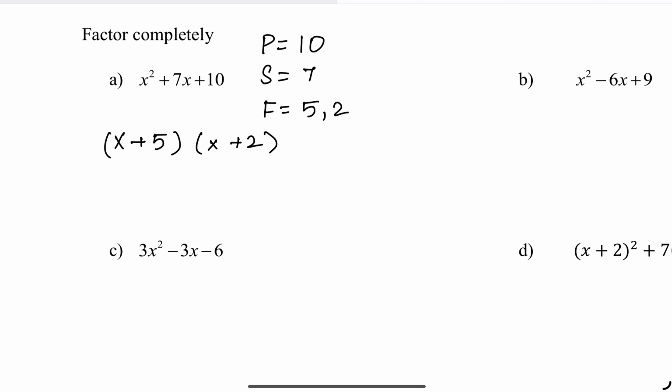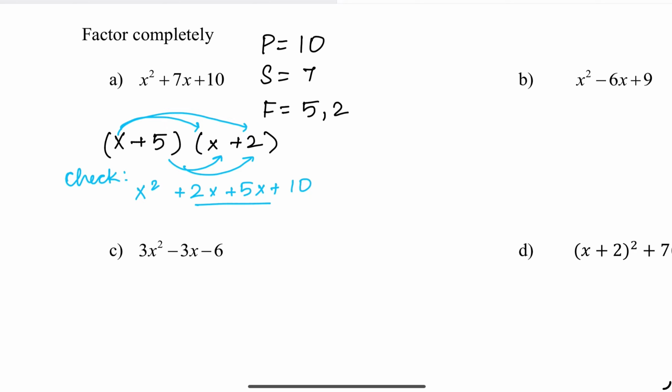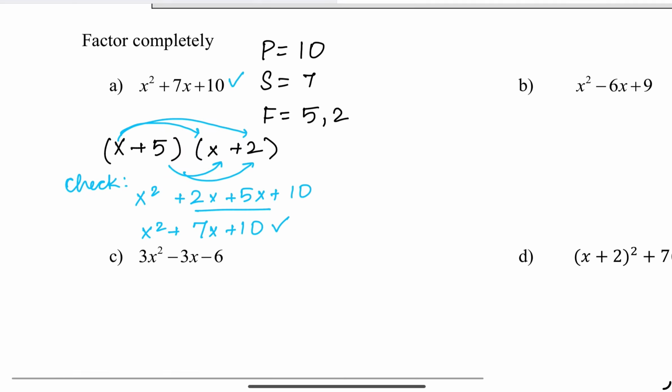If we want to check this, we do x times x, which is x squared, plus 2x plus 5x plus 10. Combining like terms, x squared plus 7x plus 10, and that is what this was. So I did factor it properly, and that's my answer.